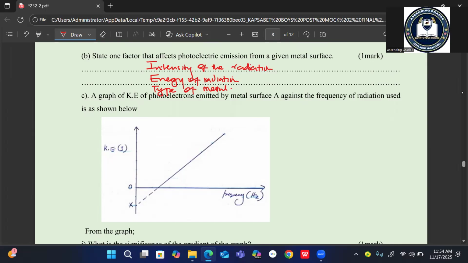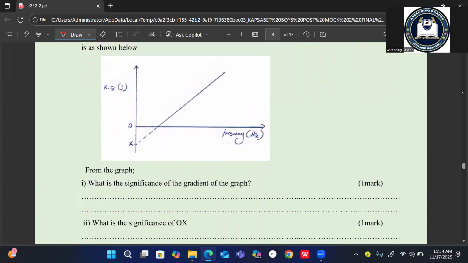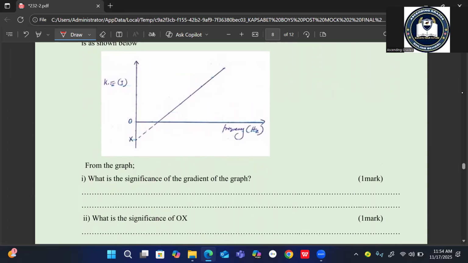Then it's just from the graph. You are told, from the graph, give the significance of the gradient of the graph and what is the significance of OX. You need to analyze this one from the Einstein equation.